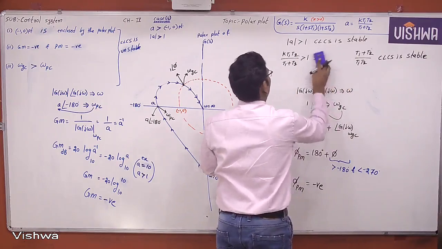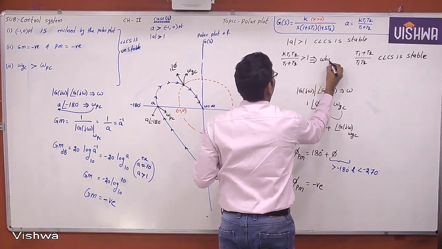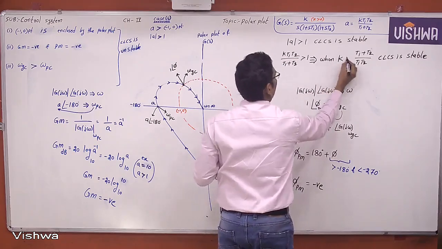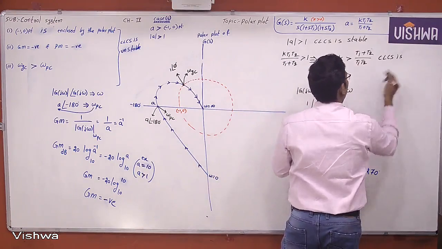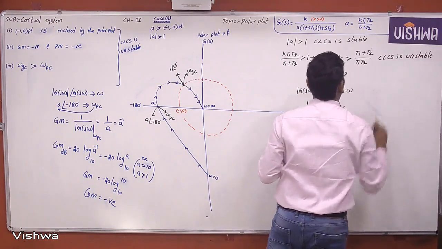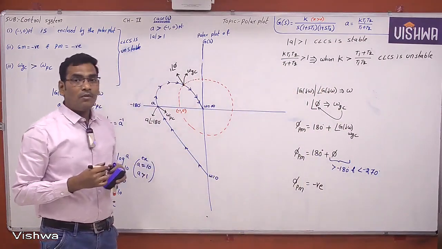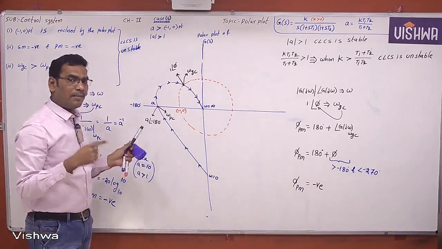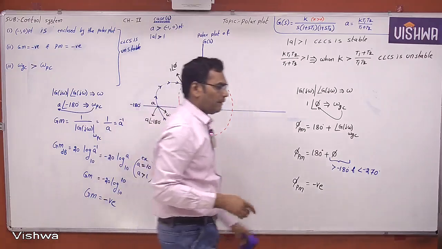Therefore, when K is greater than (T1 plus T2) by T1 T2, the closed loop control system is unstable. This is the relation where it is unstable. Less than is stable, greater than is unstable. Understand or not? Now maybe your problem is like this. Maybe enclosed concept, maybe not enclosed concept. Okay, note down this.